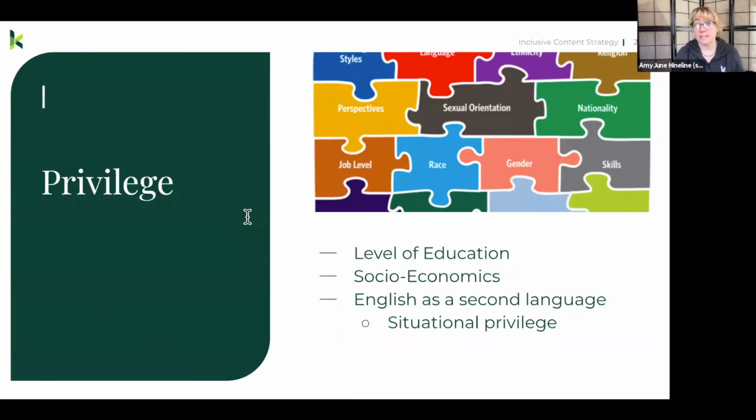There's also the idea of privilege when it comes to our language. We want to make sure we use language that does not assume a certain level of education. For example, we shouldn't assume that all people have graduated from high school or will go to college or will graduate from college. We also want to use language that doesn't assume a certain level of financial means or a certain vocation.